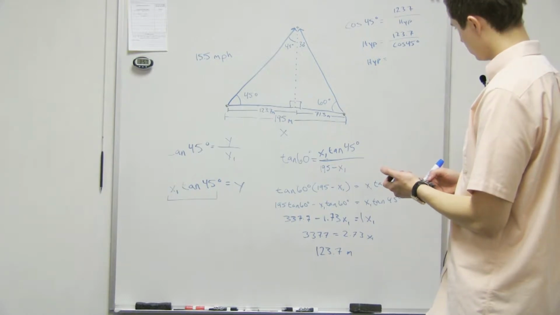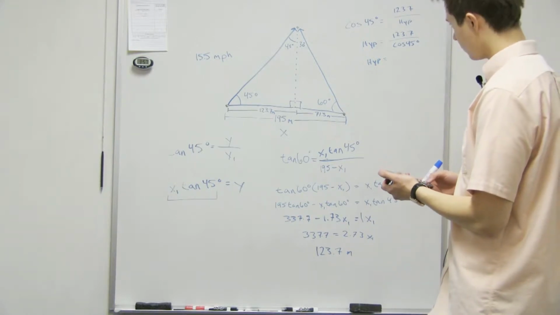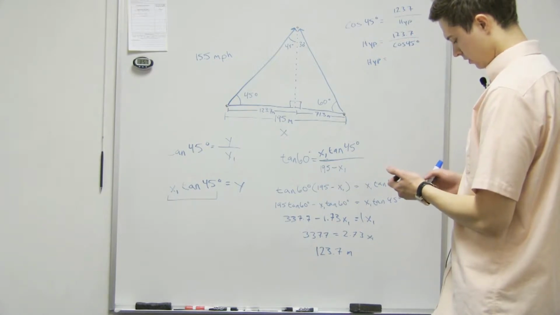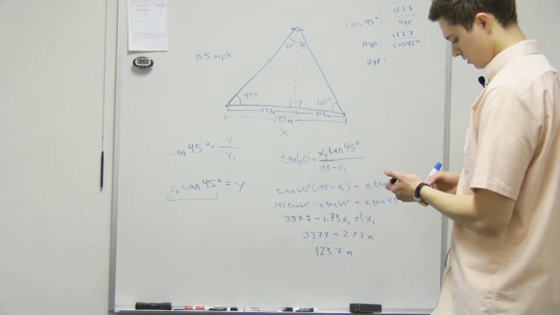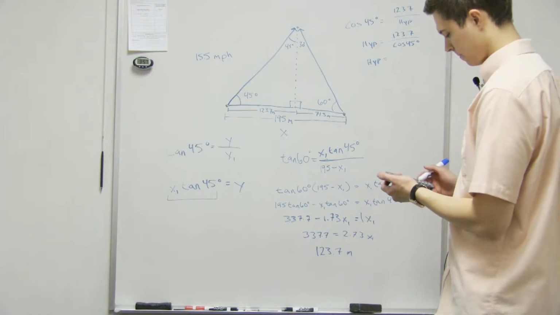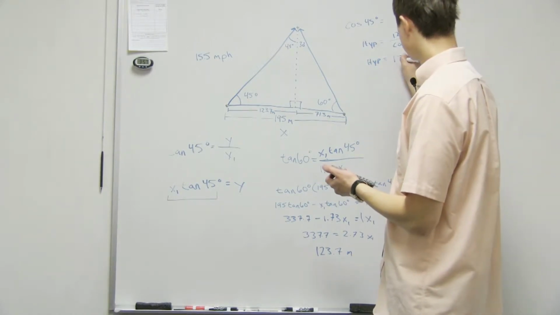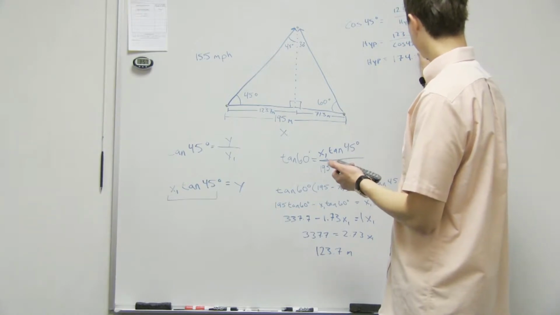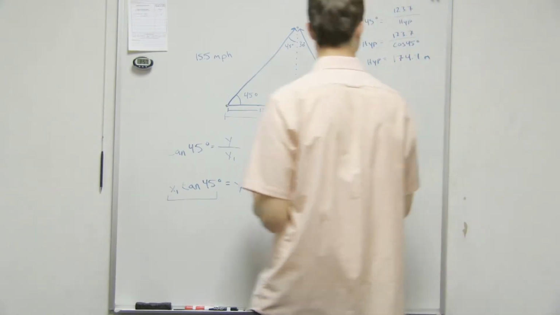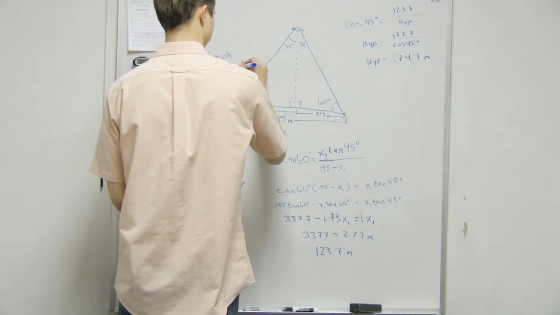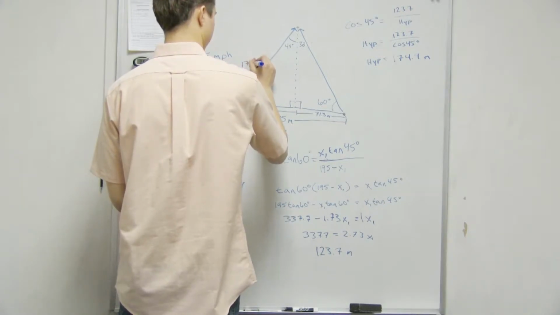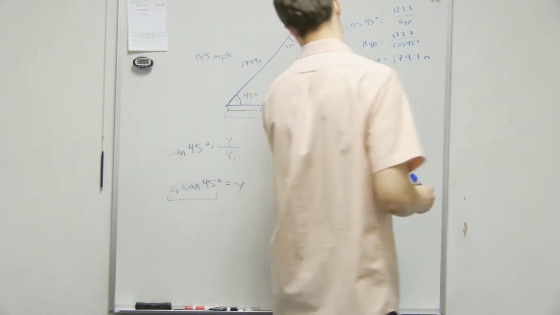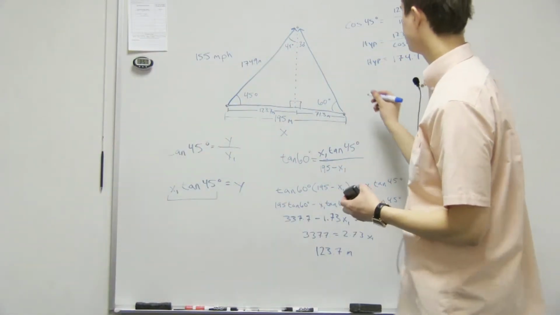123.7 divide cosine 45. So 174.9 meters. So 174.9 meters there. Let's do the same thing over here. It will be the exact same process.